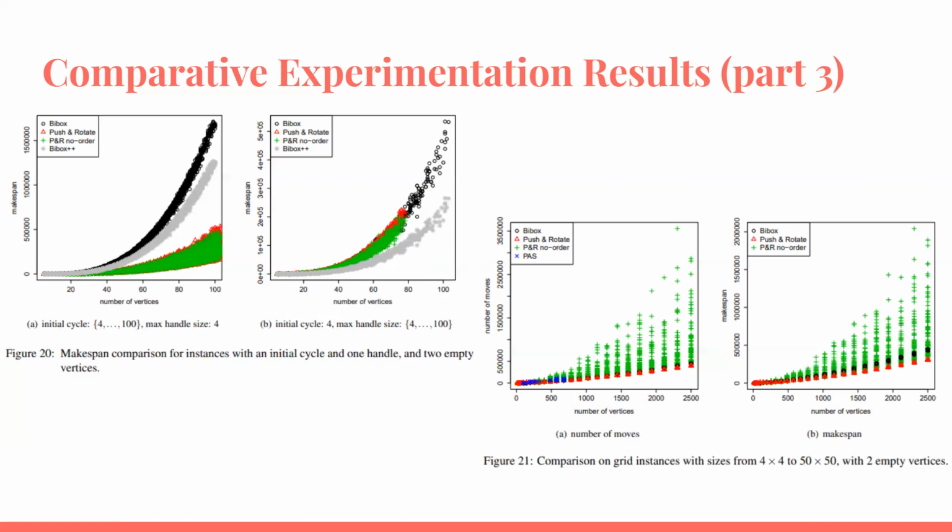For this instance, push and swap was only able to solve 31.9% of the problems that it was presented.